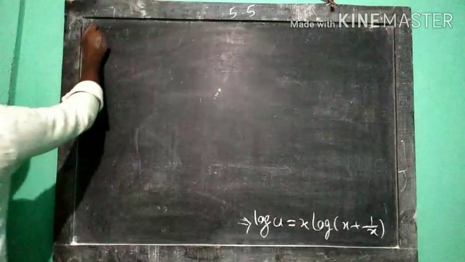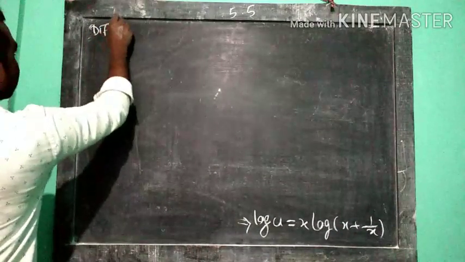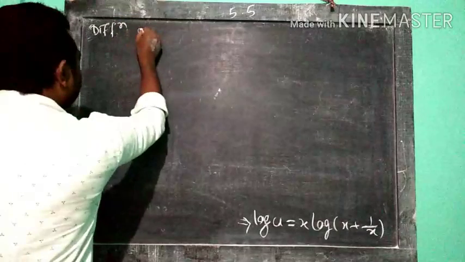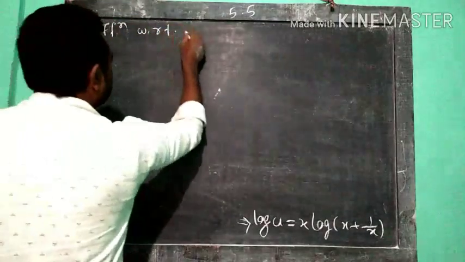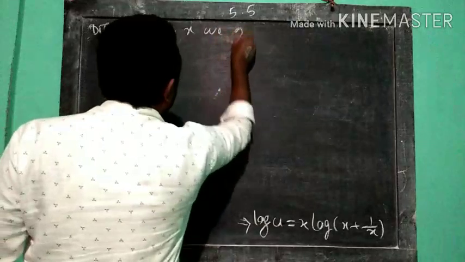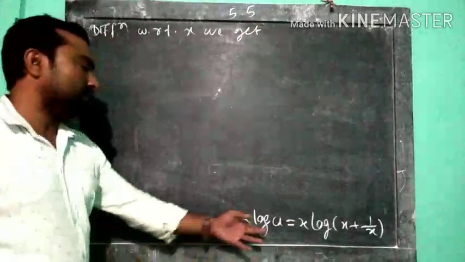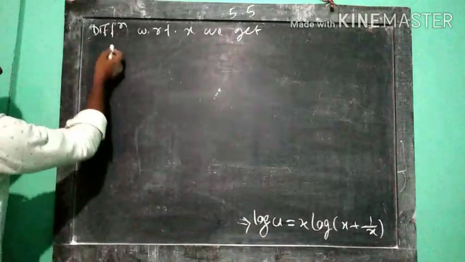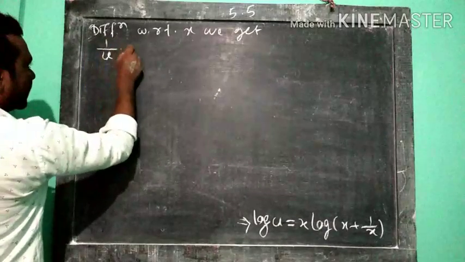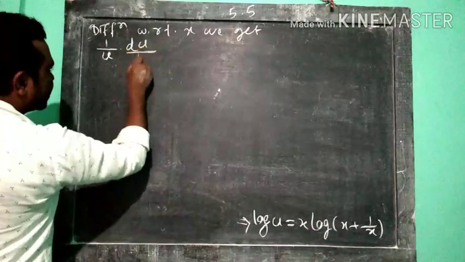Differentiating with respect to x, log of u gives 1 by u into du by dx.